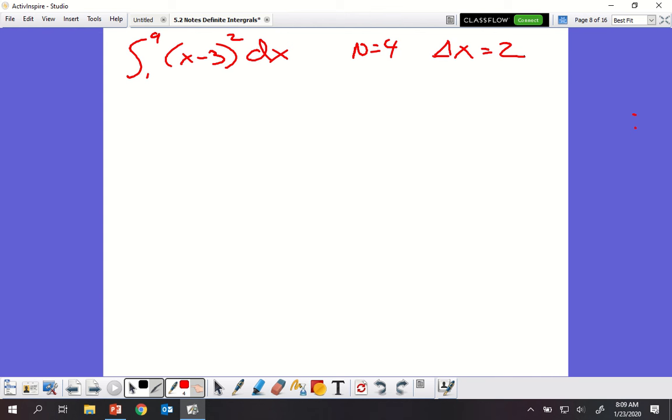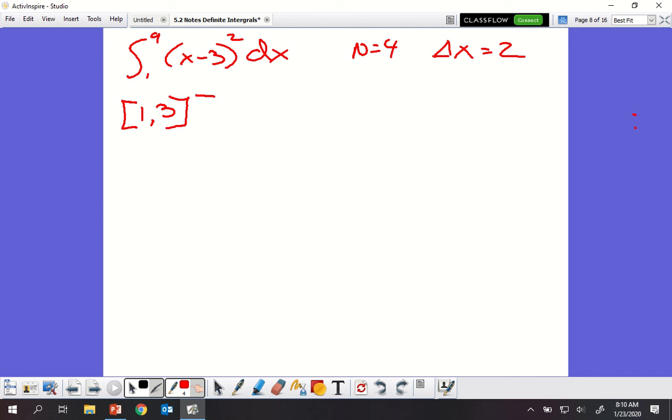So we're going to take this and partition it. First thing I'm going to think about is breaking it up into my separate parts. So I'm going to take a look at my intervals. My first interval would start at 1 and it goes to 3.